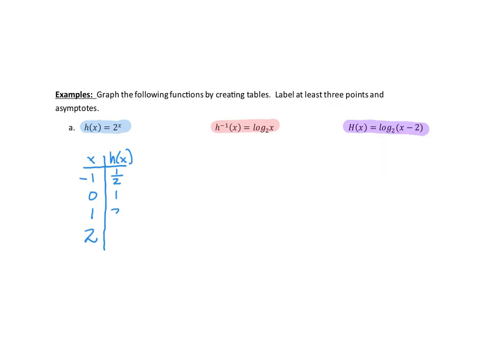Anything to the first power is itself, so we get 2. And then 2 squared is 4. For this, remember that we also have a horizontal asymptote of y equals 0.